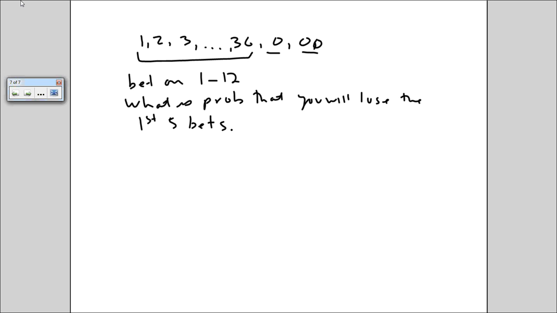The probability you lose the first 5 bets will equal, well, what's the probability that you lose? Well, there are 38 numbers, and you are betting on 12 of them. That is, there are 26 numbers that you will lose on. Actually, why don't we just do it this way? What is the probability of success? It's going to be 12 out of 38.